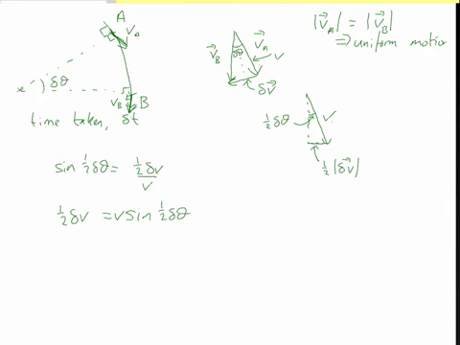Okay, so now we have to do a little bit of an approximation. Since I'm talking about small times and small angles, this quantity which I'm taking the sine of is going to be small. I can in fact make it arbitrarily small, I can just shrink the time period I'm considering and make it smaller and smaller.